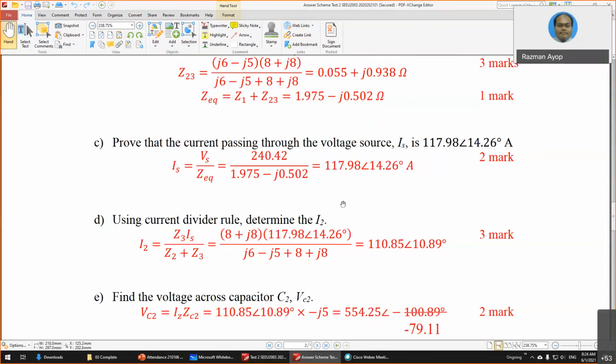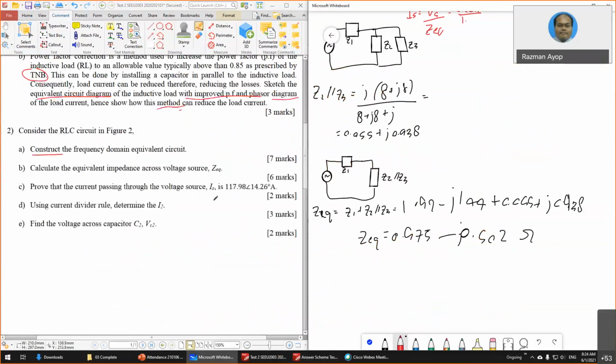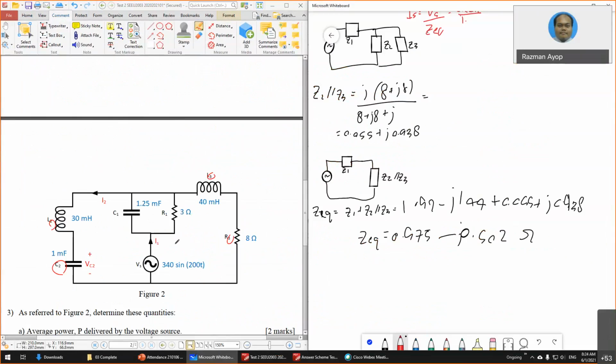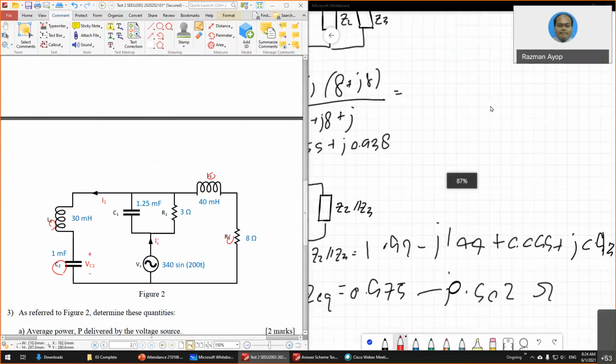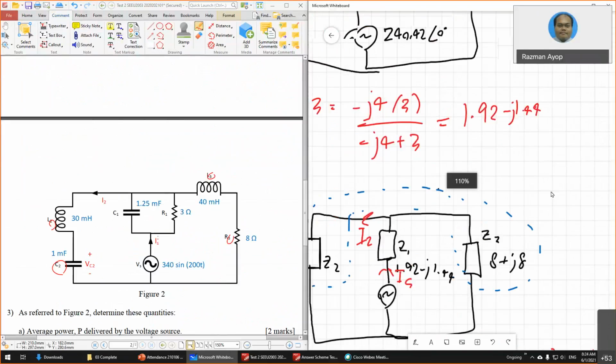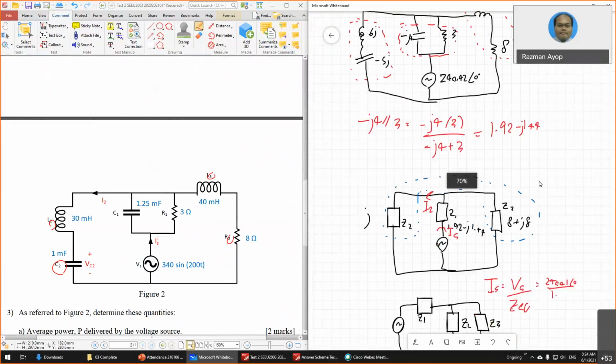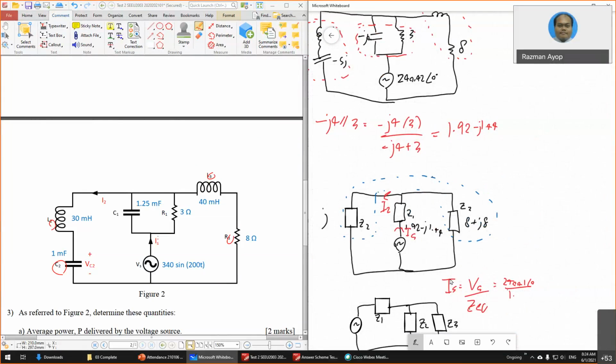And then to get I2, remember that this is I2. So you have to use the current division law. I2 is basically, remember, use the flip one.